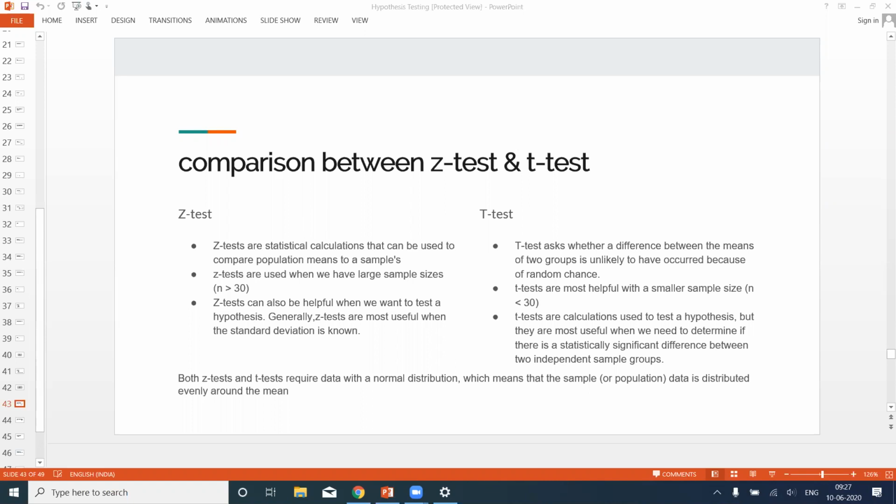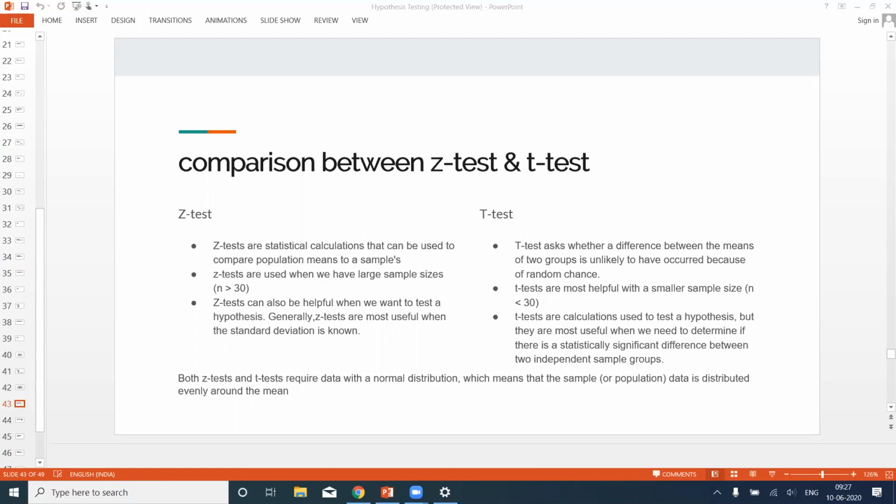Actual population parameter means something like the actual mean, median, or central tendency. When we use these terms with respect to sample data, we call them sample statistics. But when you map the same thing to the population, we call them population parameters. So when I say population parameter, mean can also be a population parameter.